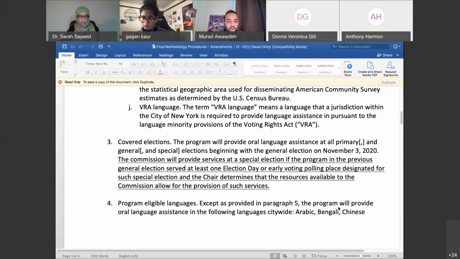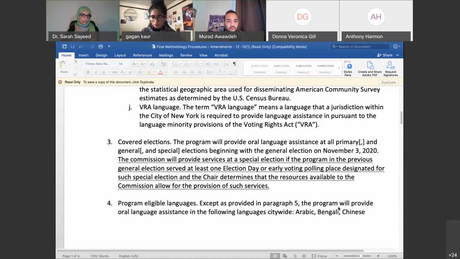The underlined sentence points out that we will only be serving specials if the previous general election had at least one election day or early voting polling place designated for the special. And in addition to that, we determine that the resources available to the commission allow for the provision of such services. So it's both things.